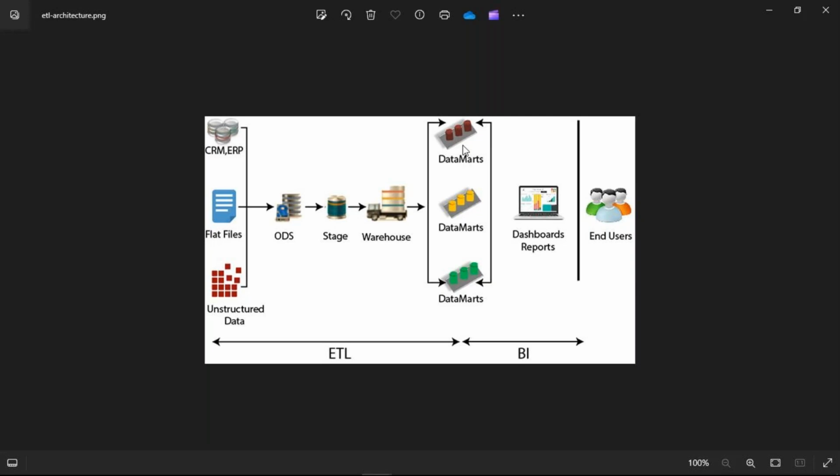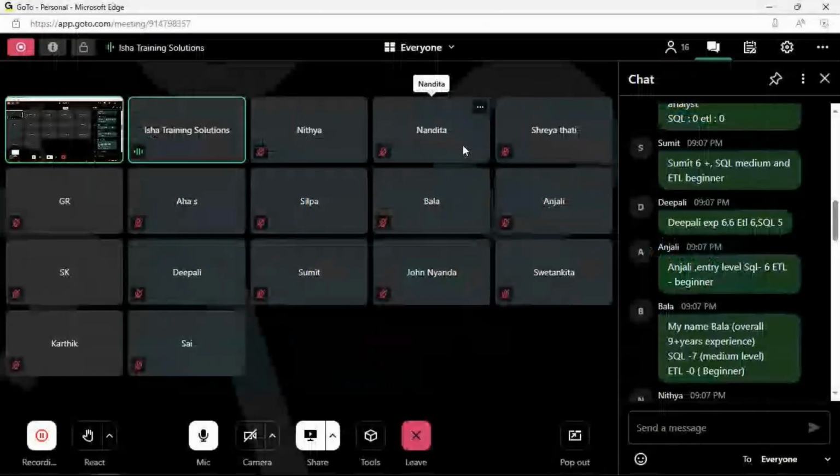Okay, so let's say Anjali's city is Pune, and my city is Mumbai. Your city is Delhi. Based on location, I want to take a decision.